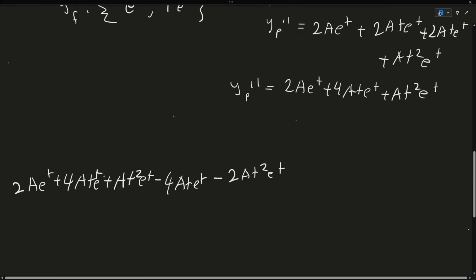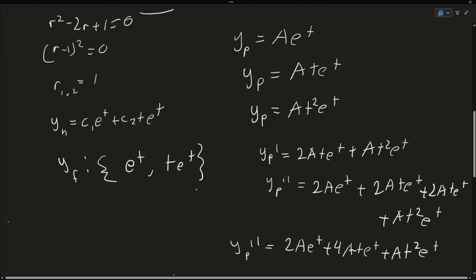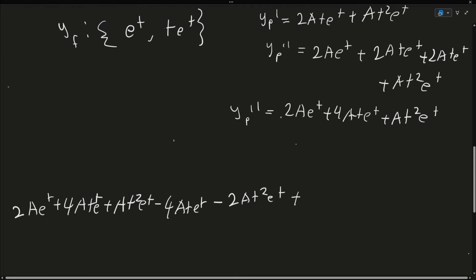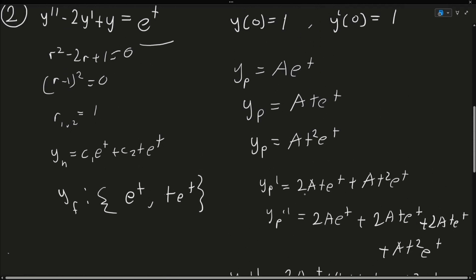Okay, now we have y double prime minus 2y prime, and now we want to add a y, because in the differential equation we had y double prime minus 2y prime plus y equals e to the t. So if we add one y, we will add at squared e to the t, and that was equal to e to the t.